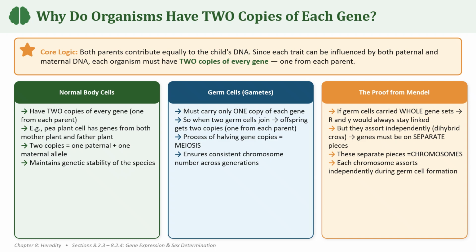But what happens in germ cells, children? Germ cells are nothing but our sperm and egg. They contain only one copy of each gene because they are formed by meiosis. So during fertilization, the two gametes unite to restore the normal chromosome number.